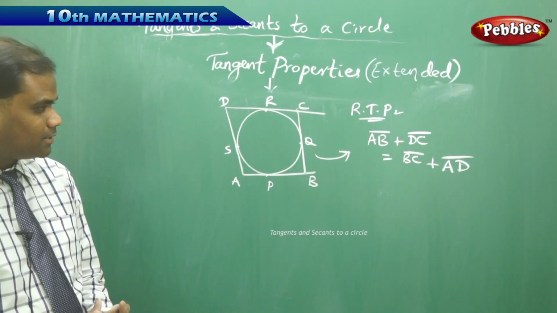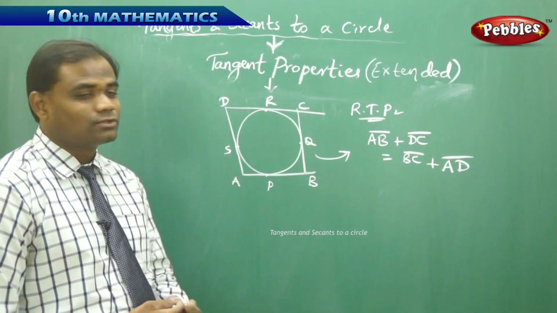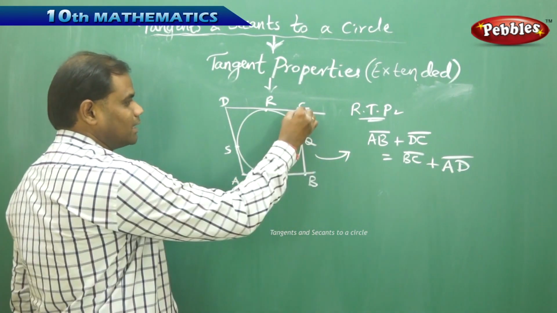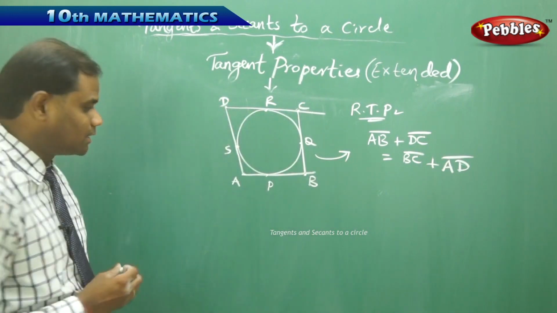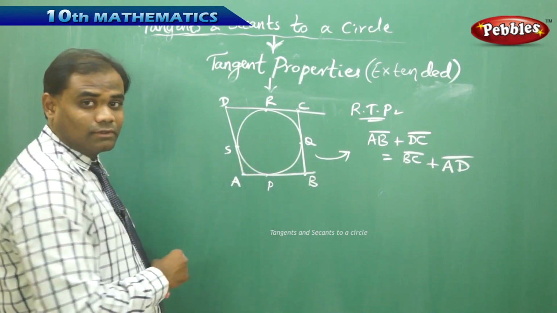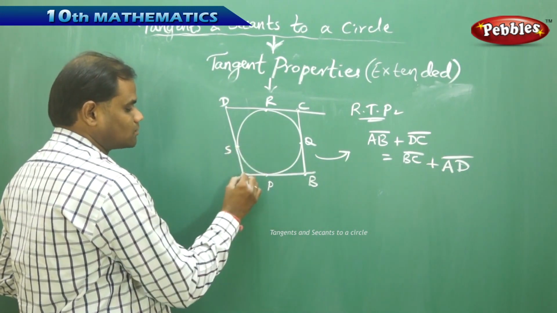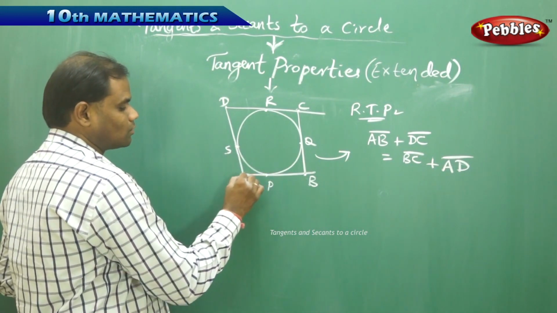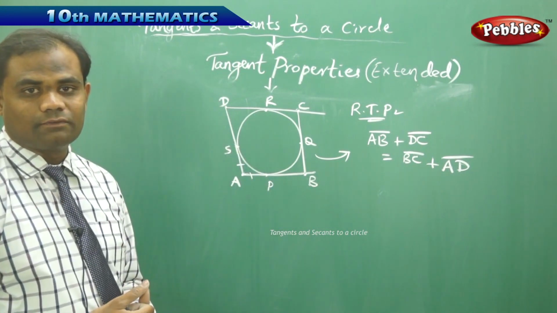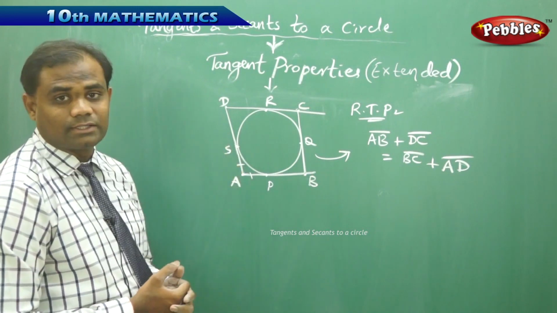As I clearly see here, the proof totally relies on an external point from where two tangents are drawn. That is, when I take each vertex of the quadrilateral ABCD, to start with the vertex A, the first vertex of the quadrilateral ABCD is clearly passing through two tangents. For an external point of the circle, there are two tangents AP and AS which are equal, because we have already seen the property that from an external point the lengths of tangents are equal.